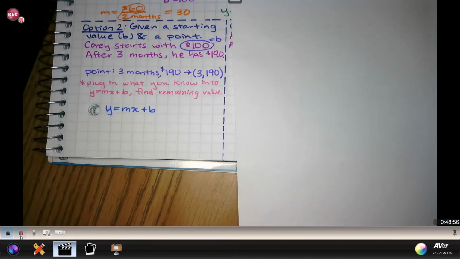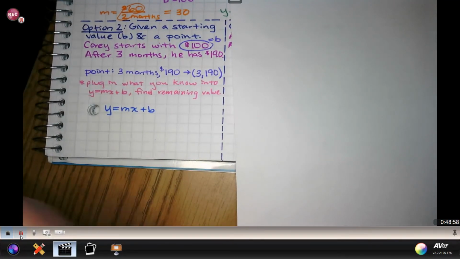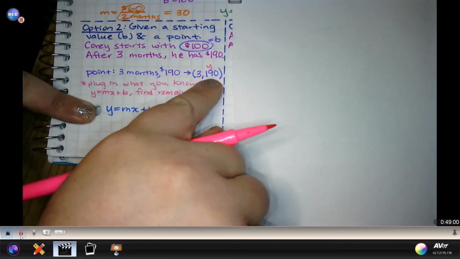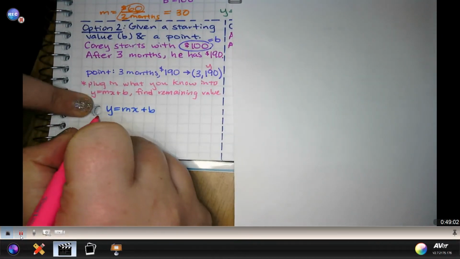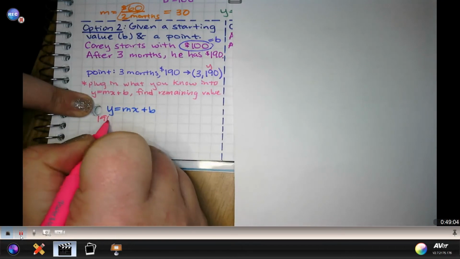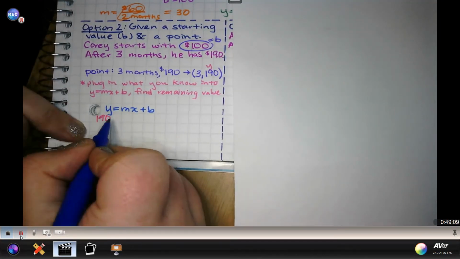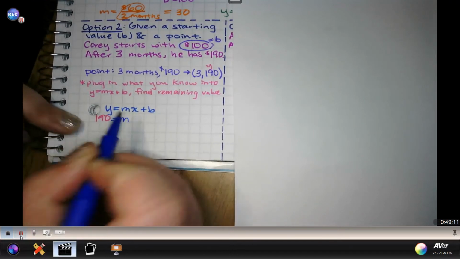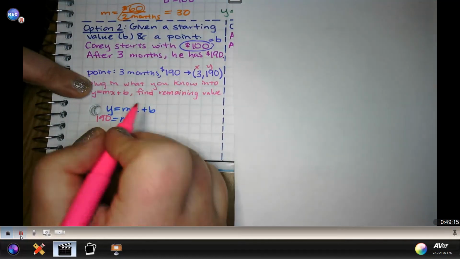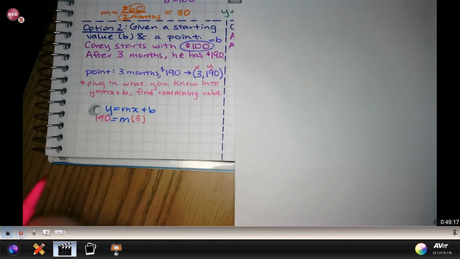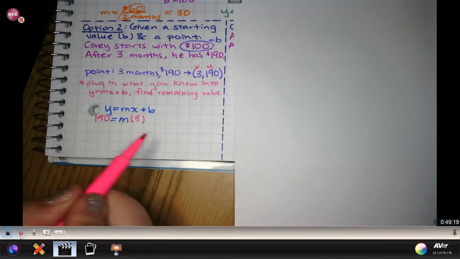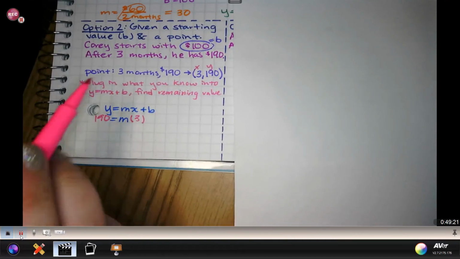Well, I have my y value is 190 from my coordinate point. So I'm going to replace that with 190 equals, I don't know m. My x value is 3. So I'm going to put parentheses around it, because m3 means nothing. So it's m times 3.